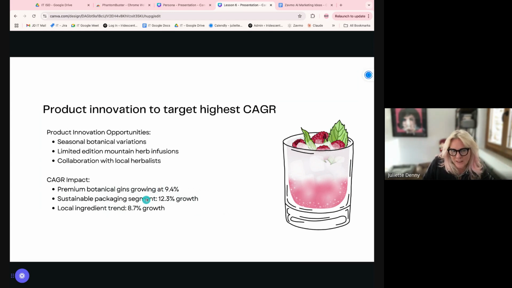The sustainable packaging segment is growing at 12.6, and the local ingredient trend is 8.7, right? So all of those metrics are above the average growth rate. And again, these are the things we want to understand in order to lead our product innovation. Not what our gut is telling us, but what areas in the market are actually growing.